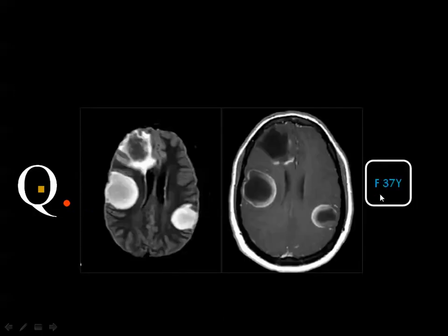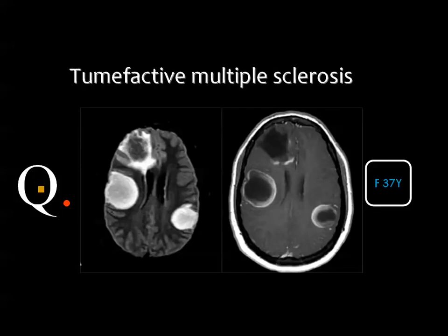Female, 37 years old, with this T2 and this T1 post contrast. Effective MS. I have said, and you look carefully for the enhancing edge, which is sometimes the classic incomplete ring sign.